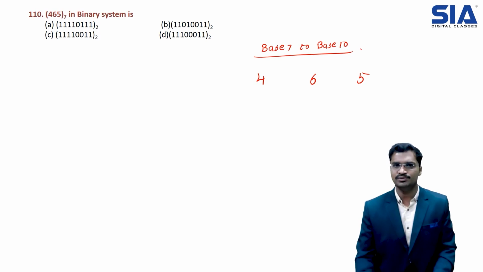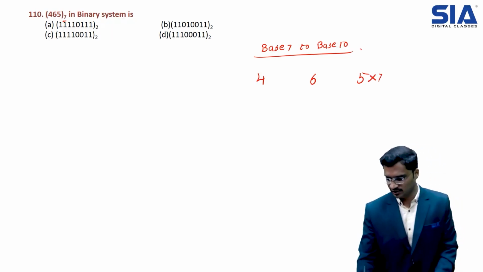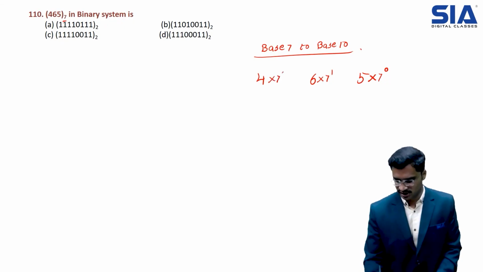This question is based on base 7. So I should multiply, from the right side, with 7 to the power of 0, then here 7 to the power of 1, then here 7 squared.